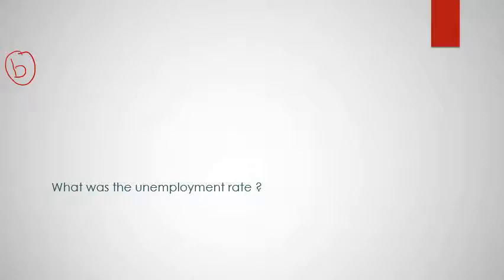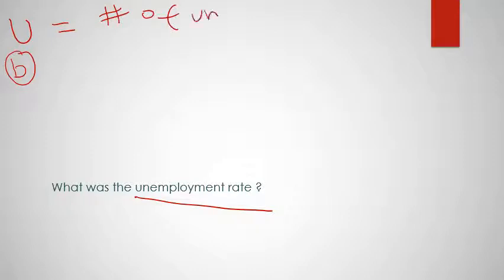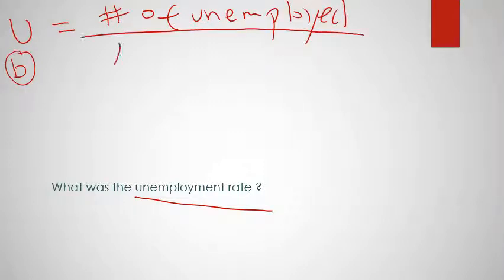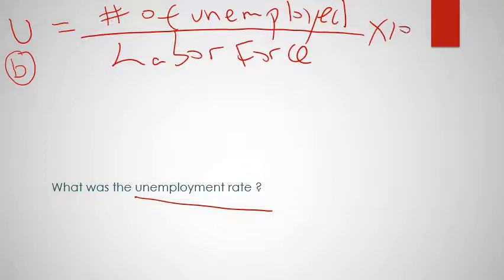What was the unemployment rate? So here are the calculations. The unemployment rate is equal to the number, this hash designation means number, so number of unemployed people divided by the labor force, and we have to multiply this by 100 because we're dealing with the unemployment rate.